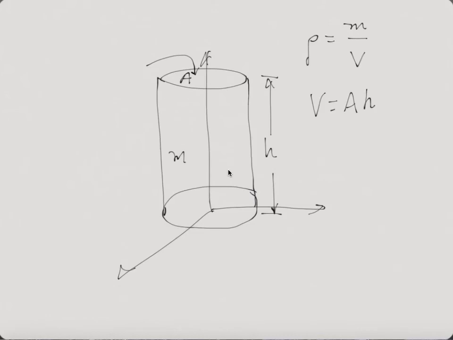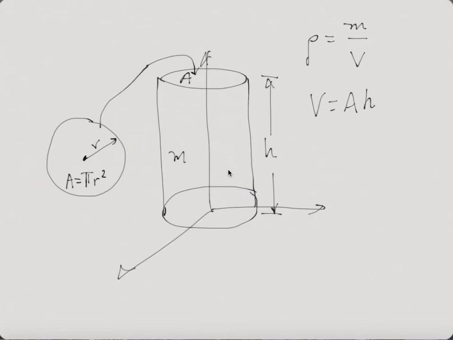But what is the area? The area in this particular case is just the area of a circle, which is what you see on top here. This circle is going to have some radius, r. The area here is equal to pi r squared.